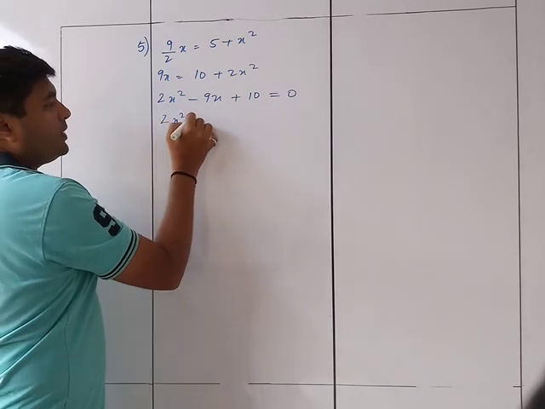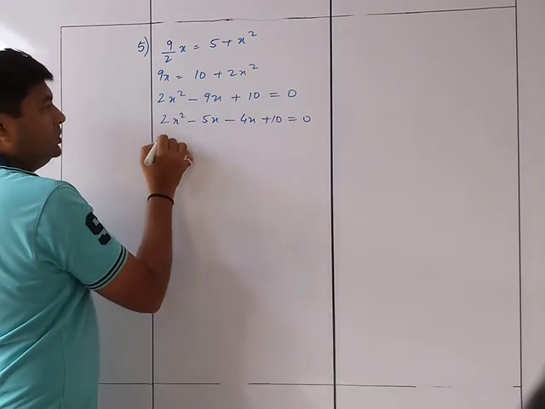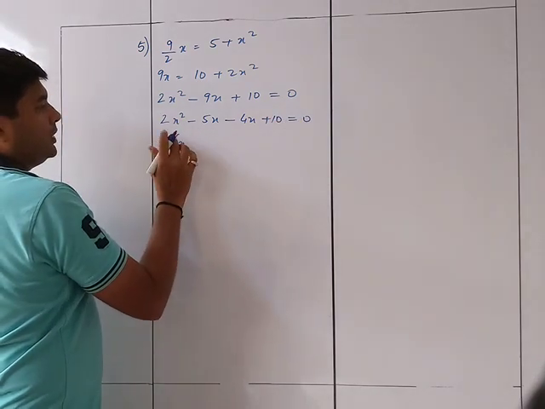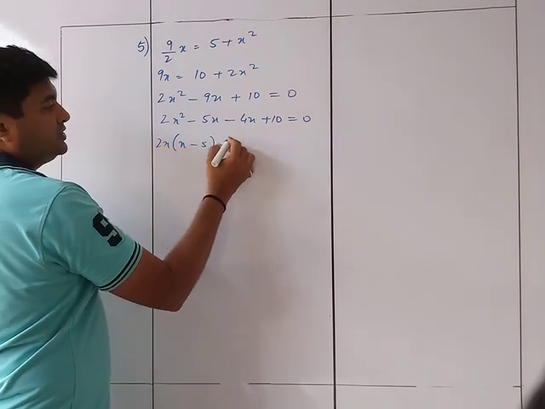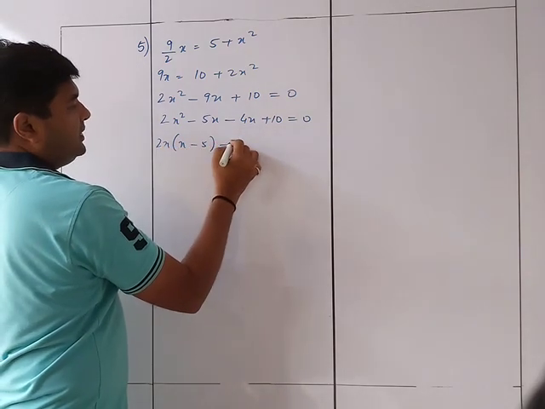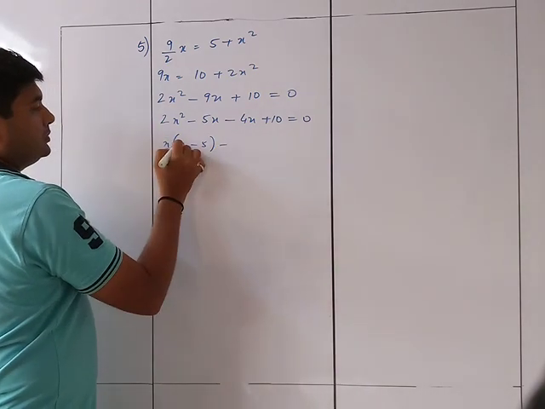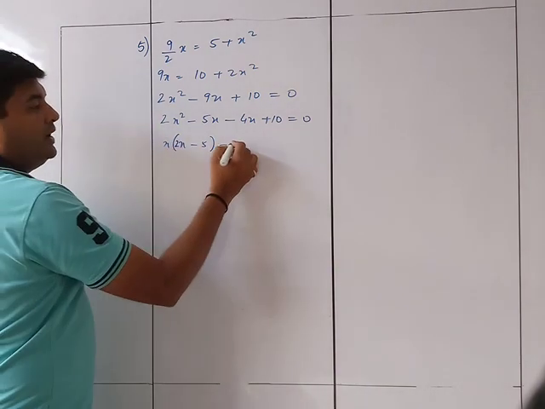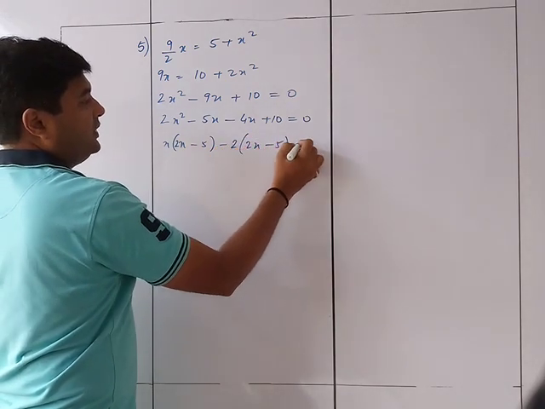So 2x square minus 5x minus 4x plus 10 is equal to 0. So you can take x common, so it will be x into 2x minus 5, and over here 2 again common, so it will be minus 2 into 2x minus 5 equals to 0.